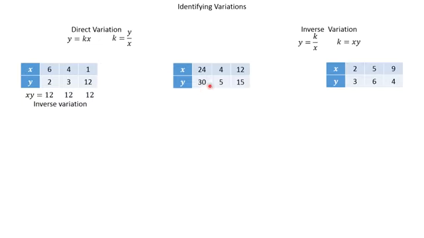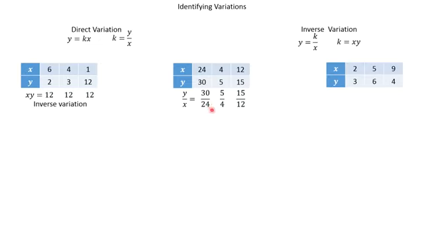Looking at this one, if we want to multiply these, 30 times 24 is not going to be equal to 4 times 5. So let's try the direct, see if it's direct variation, see if we can find a ratio. We'll have 30 over 24, 5 over 4, 15 over 12.